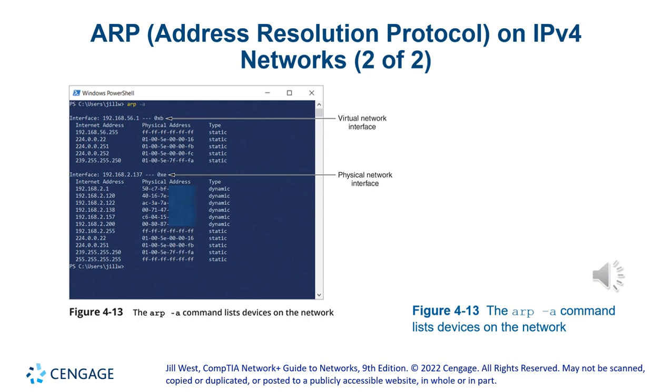Once you issue the arp -a command, you will get something like this. That will give you the internet address, the associated physical address or MAC address, and whether it's dynamic or static. Every time you talk to any other device, it will add it to the table.